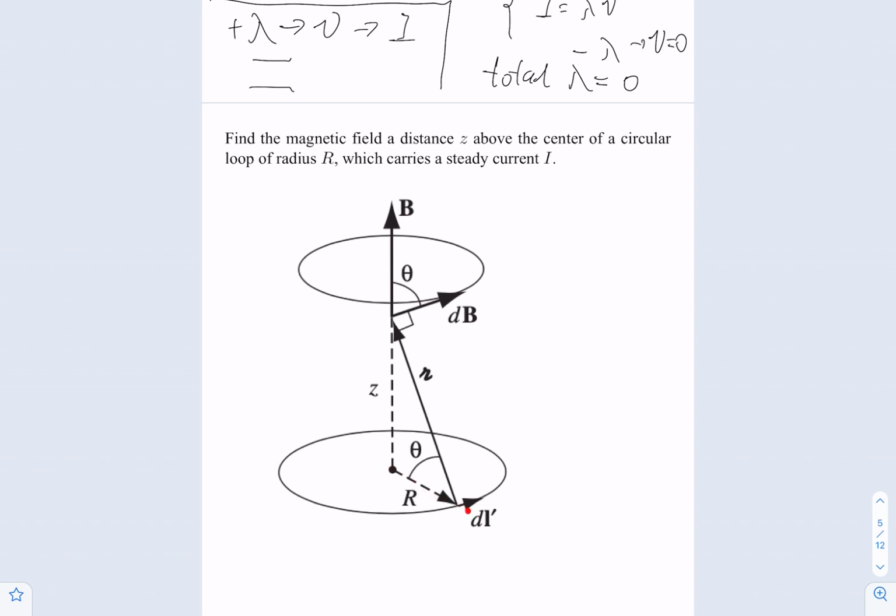Here, the dl is along this direction, and the separation vector is over here. If you take the cross product, you have to take a direction that is perpendicular to the two vectors, and that direction gives you somewhere around here. I'm not sure if you can imagine the direction here.